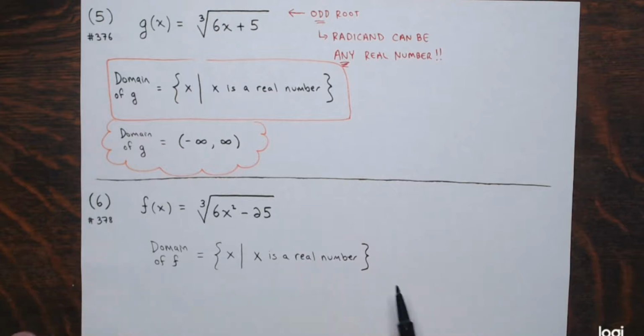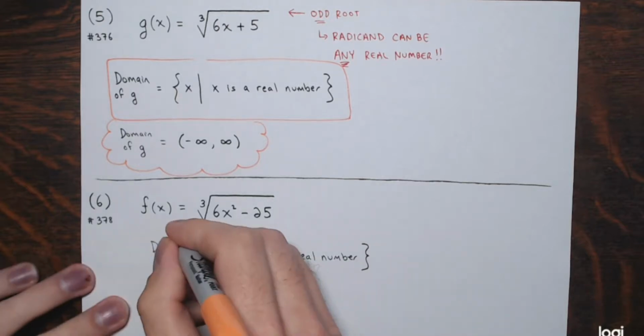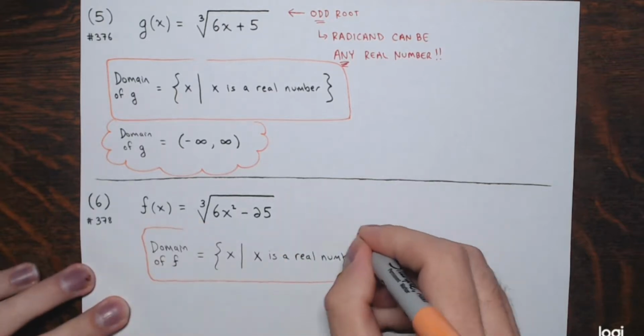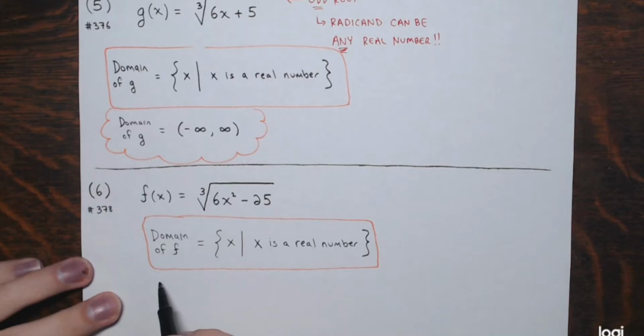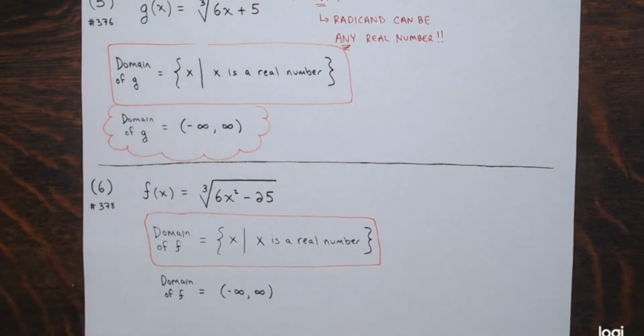So you can write it this way if you wish, like I did up there. Or just say that the domain is all real numbers in words like that. And if you're doing interval notation, once again, the interval notation for all real numbers, the entire real number line, would be from negative infinity to infinity, like this, with the parentheses on the ends.